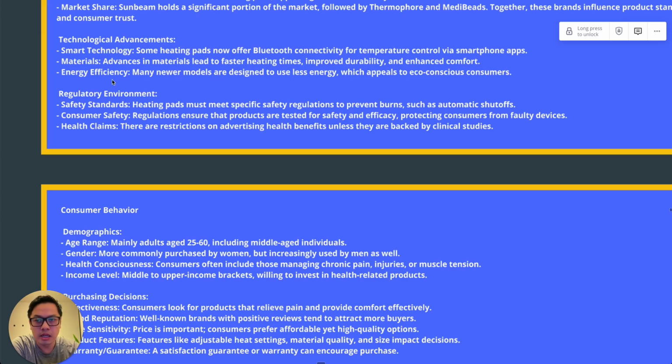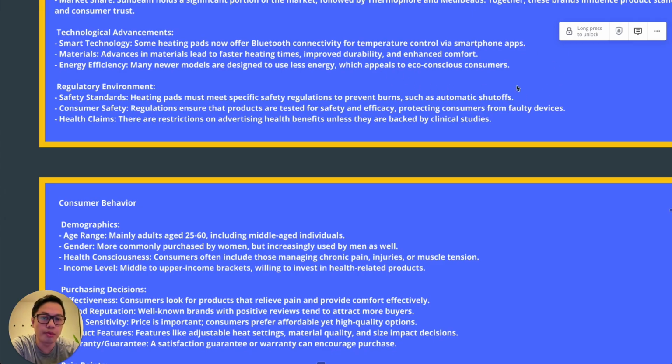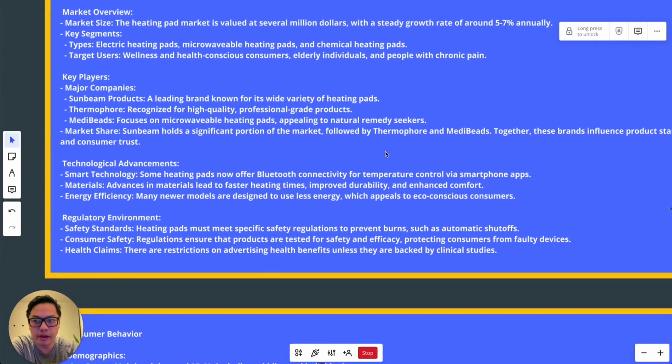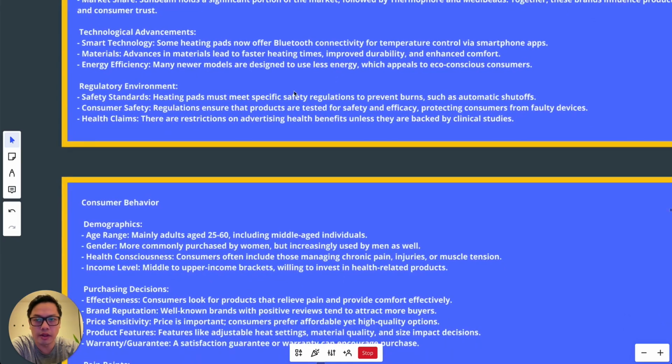Okay. Energy efficiency, designed for less energy, which appeals to eco-conscious consumers. So I'll see if that's going to be in play. I don't think it would be, more so because I could see it in the keyword groups. No one's really searching up anything related to it being eco-conscious. However, there's heavy reliance on pain and location and target of the heating pad.